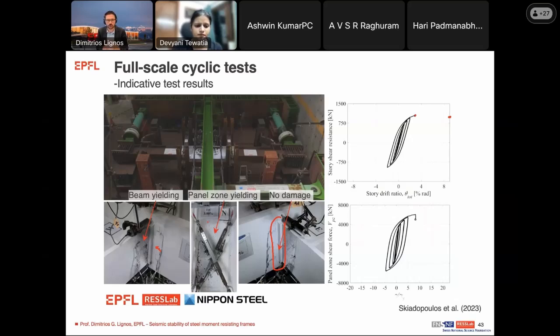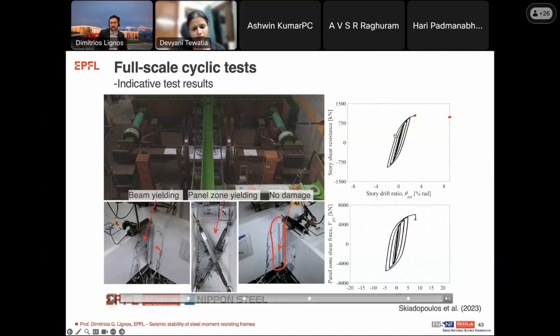If we want to do repair, we are talking about an earthquake that will probably be the design level earthquake, not something that is extremely rare, because in this case, we will be looking at prevention of collapse, not so much repair. So if we talk about the design level earthquake, then we would be looking at the drift in the order of 2 to 3%, as we see here.